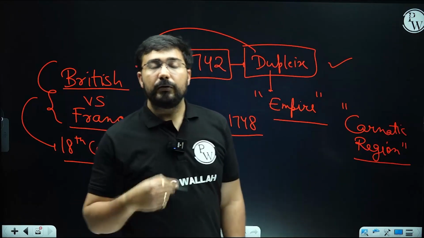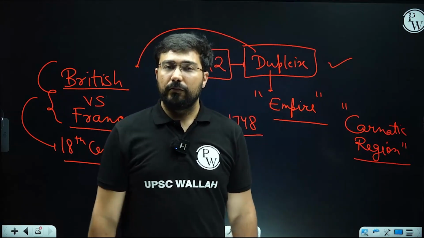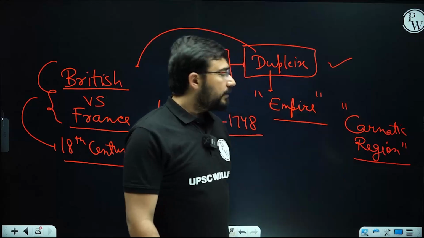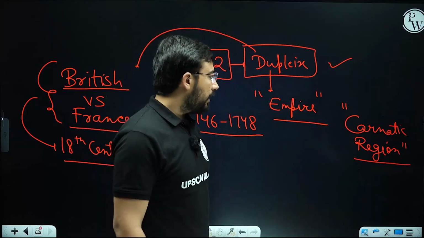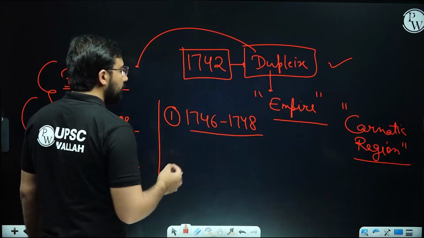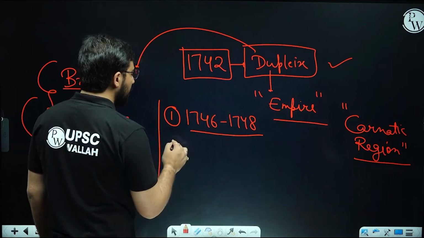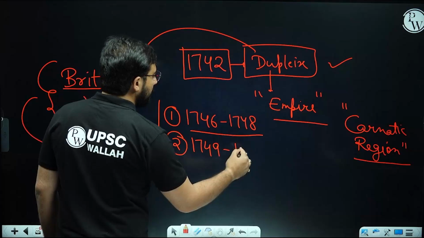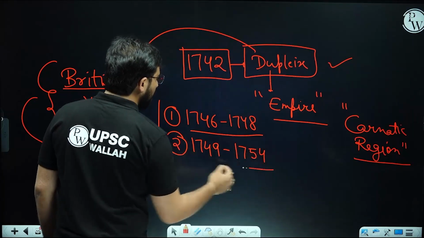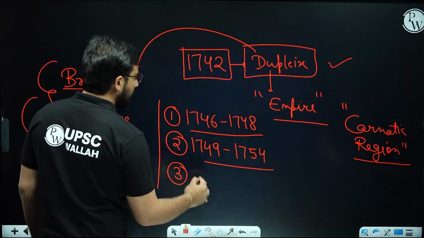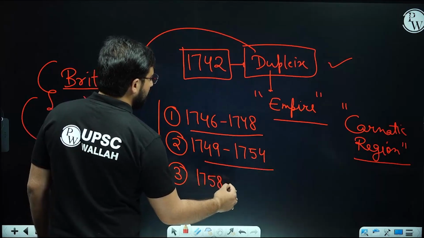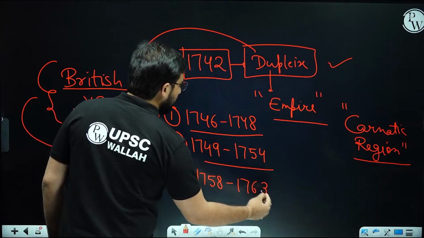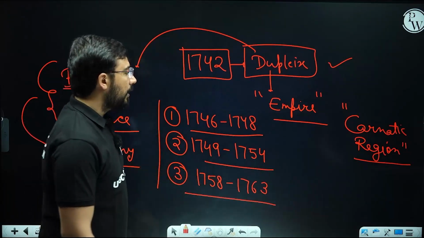From Cholamandalam, the word transformed into Coromandel, and in general, for this war purpose, we call it the Carnatic region. The first war was fought from 1746 to 1748. The second war was fought from 1749 till 1754. The third war was fought from 1758 to 1763. These are known as the three Carnatic Wars.